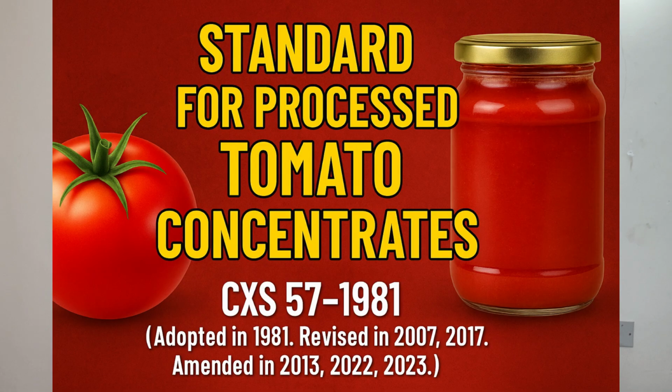The world body, the Codex Commission, in their standard CXS 57, listed this. It is also expected that for tomato paste, the total natural soluble solid, in other words, the tomato itself, which will now be reconstituted to make the tomato paste, must contain nothing less than 24%.